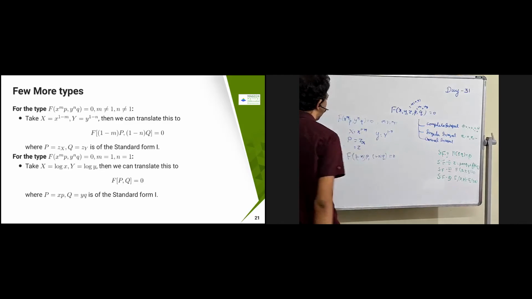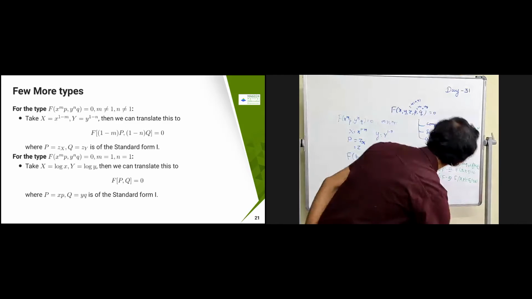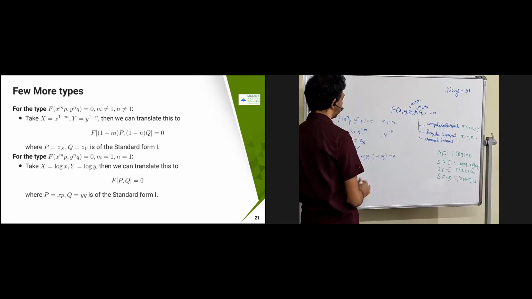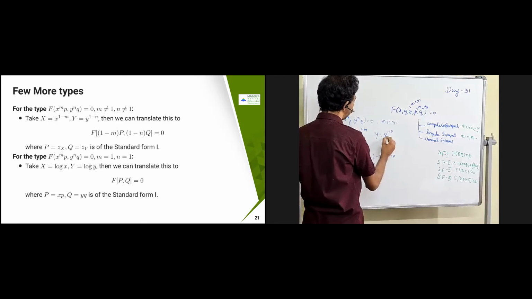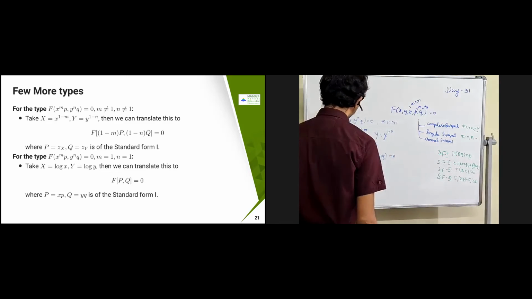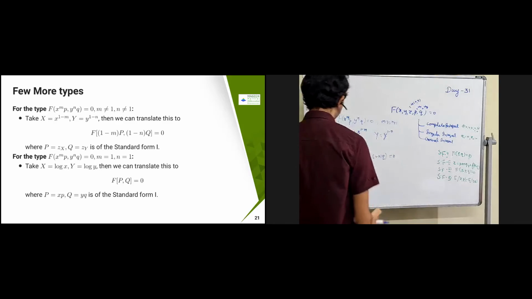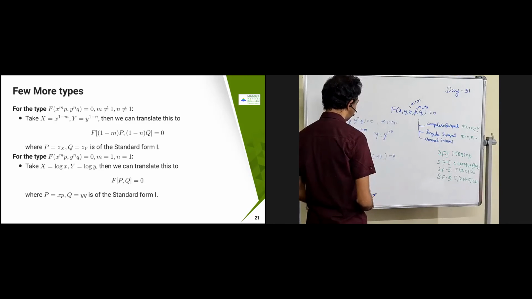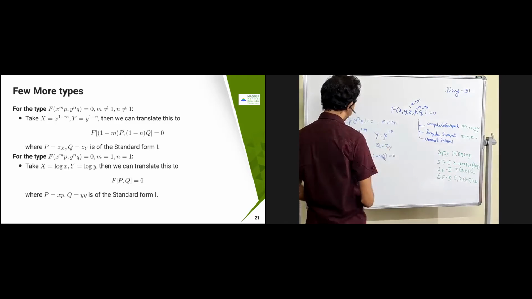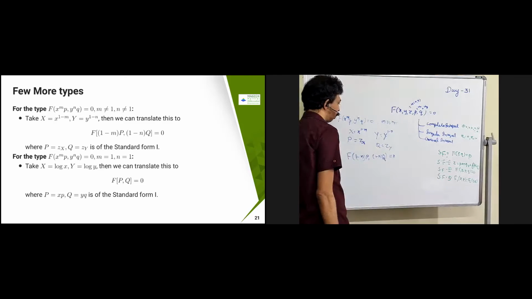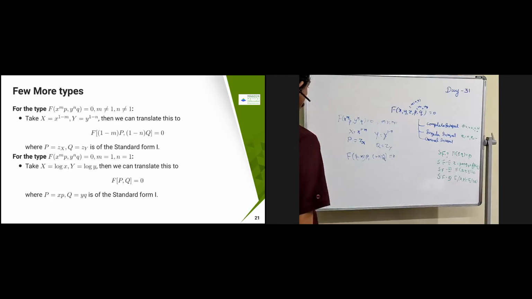This is capital Y, not small y. Here also this is going to be capital. Q is nothing but capital Z_Y. So these are the substitutions you are going to do.